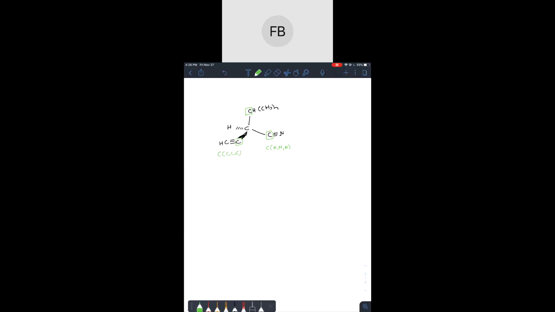And the one on the top is only attached to 2 carbons. So it's C, C, C, H, because it is attached to 1 hydrogen as well. So from here, that's information for us to go off of and start numbering them. So this one is attached to nitrogens. Nitrogens are much heavier than carbons.